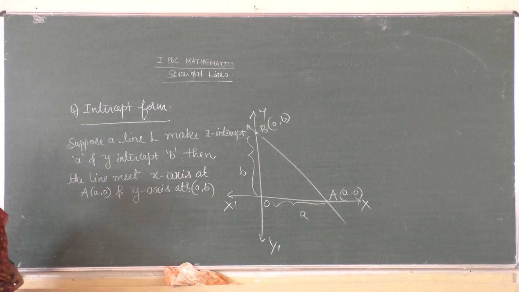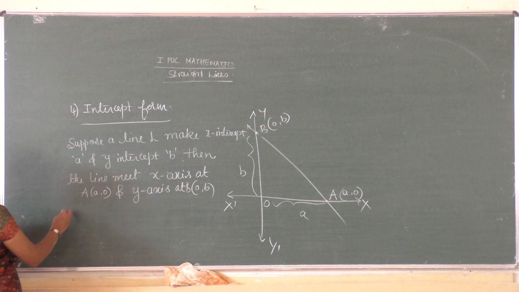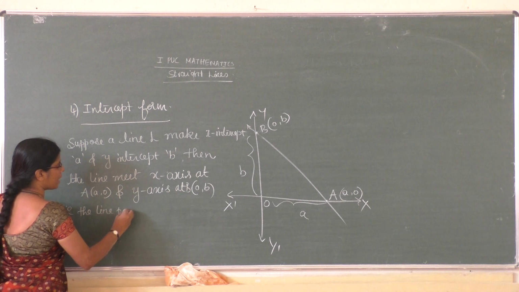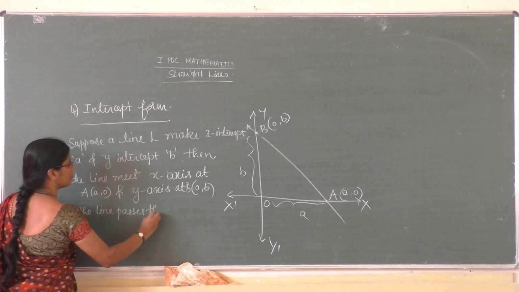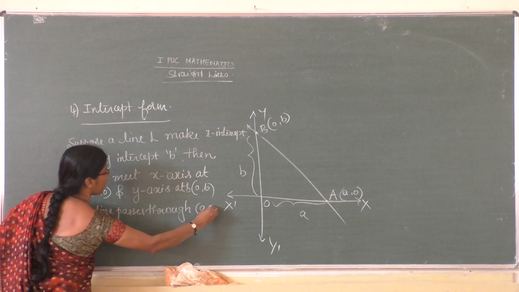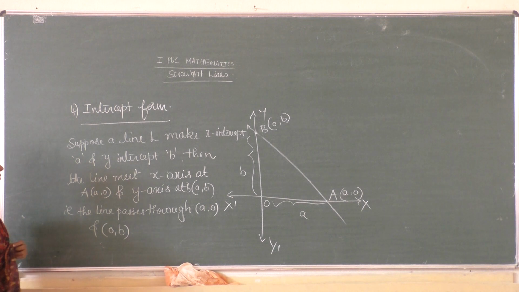Okay, then what we have? The line passes through (a, 0) and (0, b).